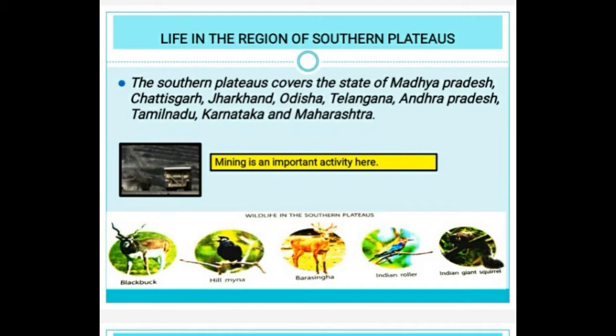The farmers grow wheat, rice, millets, groundnut, cotton and sugarcane. Below you can see the wildlife in the southern plateaus. Animals such as blackbuck, barasingha, deer, and birds such as hill myna, Indian roller and Indian giant squirrels are found here.